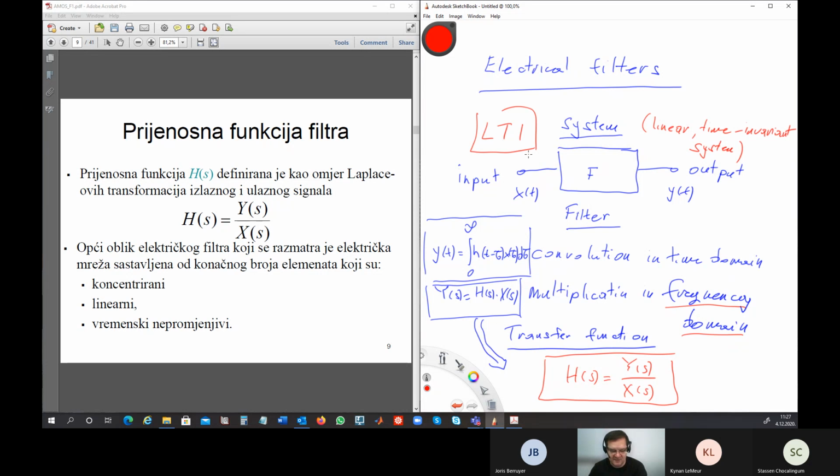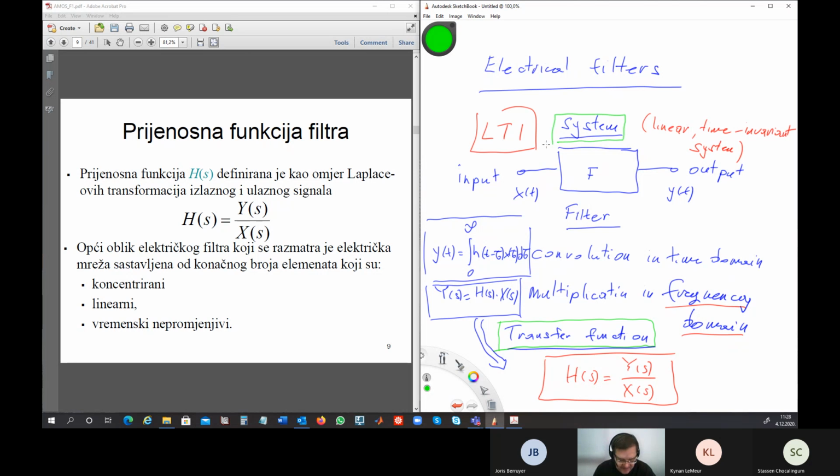This is the kind of systems which we will look at in this course, and the basic definition is this of the transfer function. The transfer function says everything about the system.